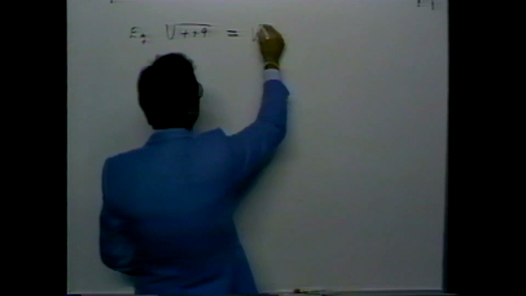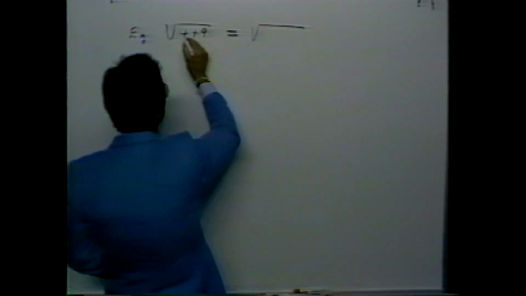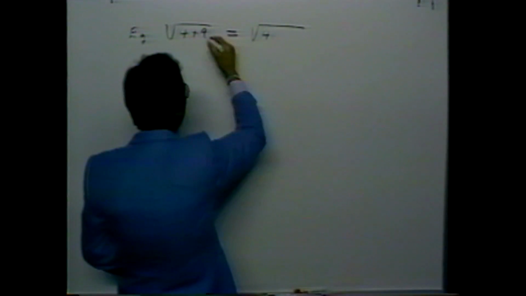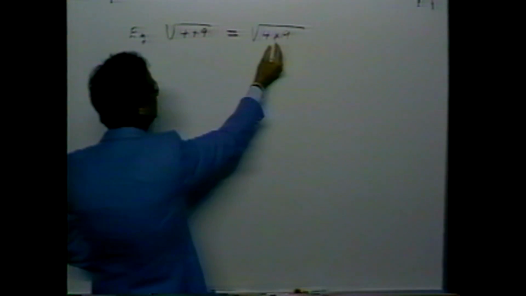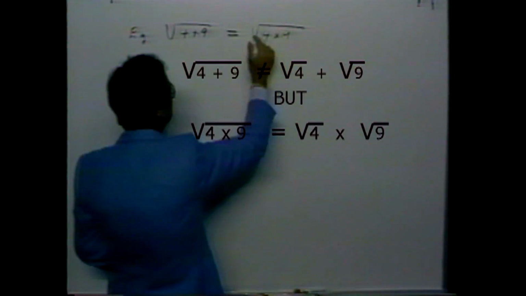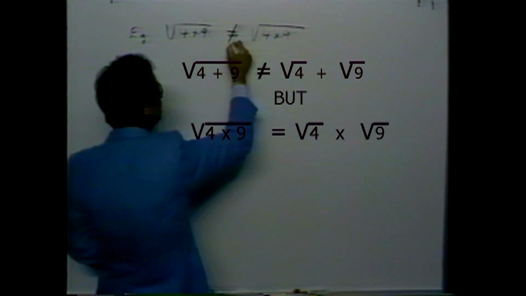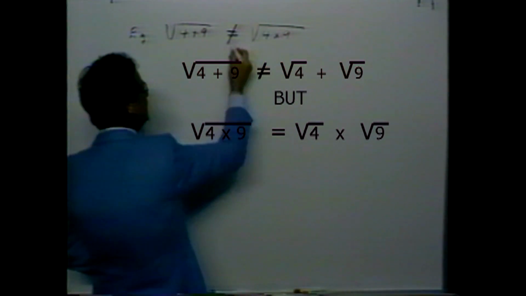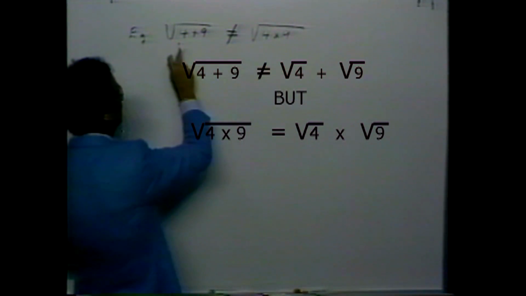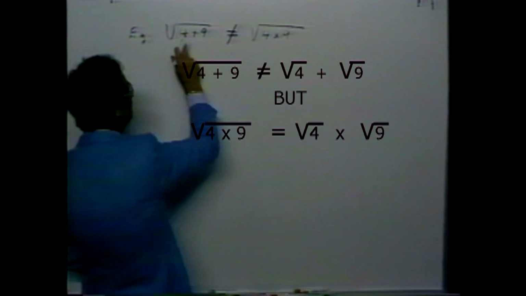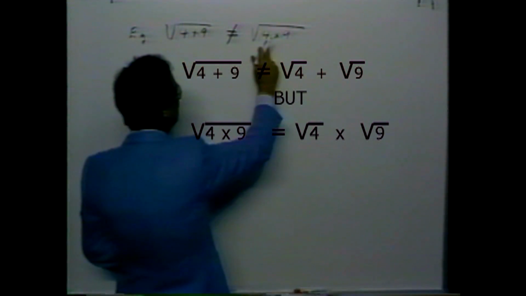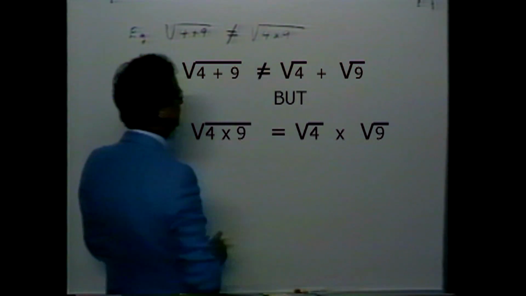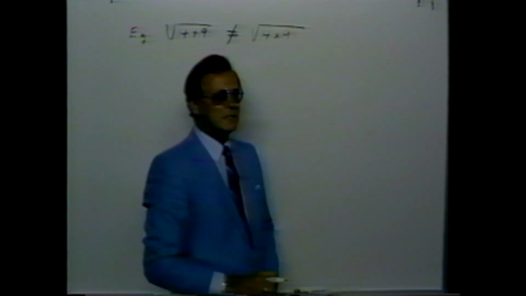If I rewrite this 4 and 9 and put a times sign in between rather than a plus sign, I will indicate that these are not the same by putting a slash through the equal sign. This statement now says the square root of 4 plus 9 does not equal the square root of 4 times 9.